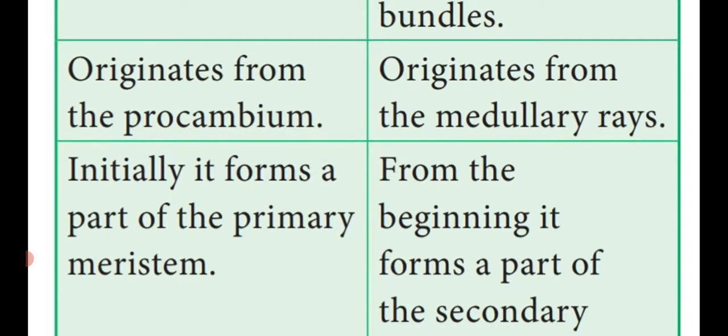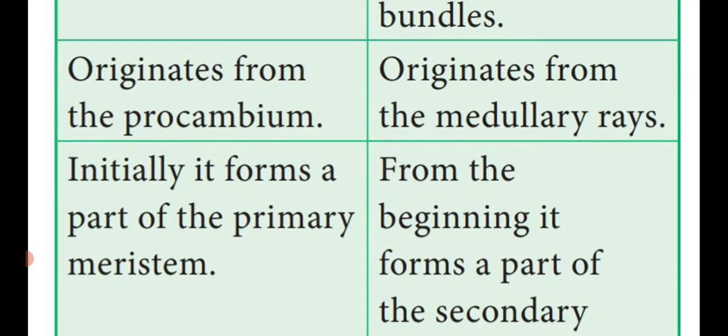Just now I told you, medullary rays, which are made up of parenchyma cells, forming the stripe-like structure between the vascular bundles, is known as interfascicular cambium. Initially, intrafascicular cambium originates from primary meristem.